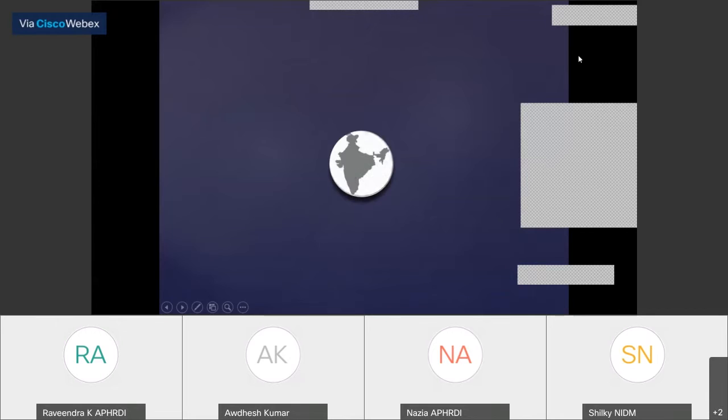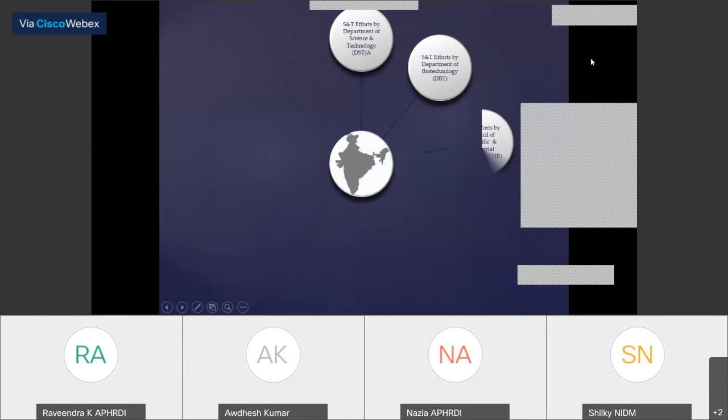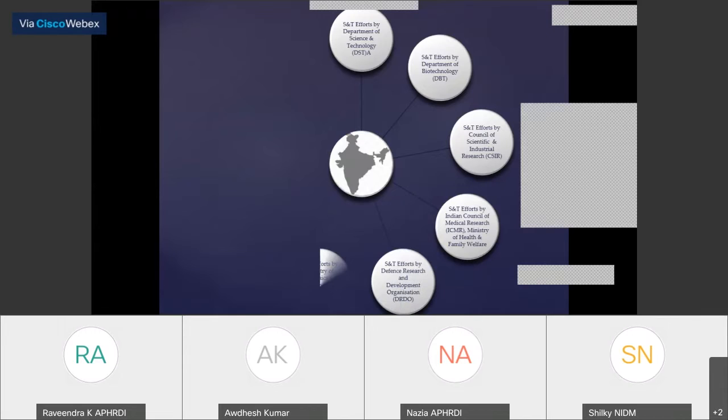You can see today, not only the world but India also, whether it's the Department of Science and Technology, the Department of Biotechnology, the Council of Scientific and Industrial Research (CSIR), ICMR, the Defence Research and Development Organisation (DRDO), the Ministry of Electronics and Information Technology, and science and academic institutions.